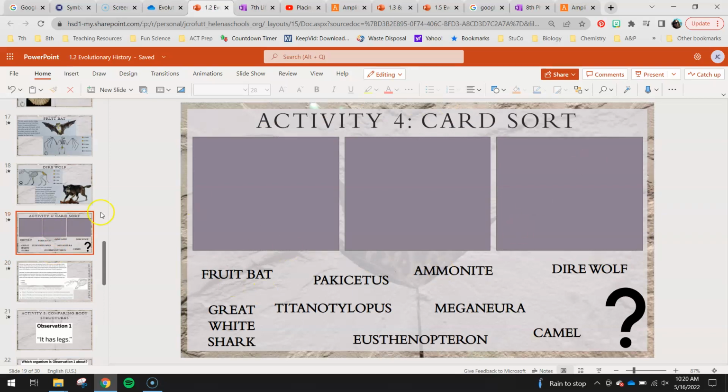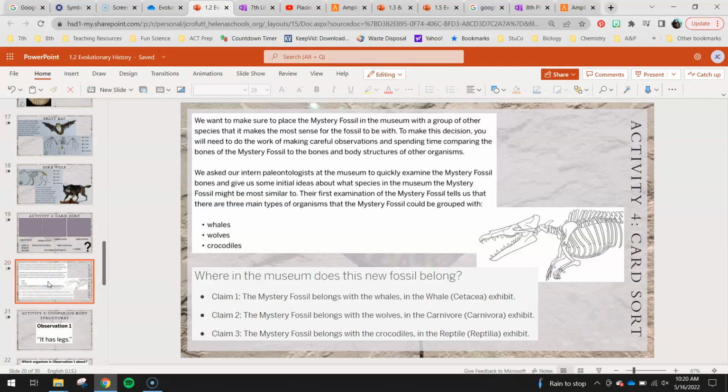All right, after you guys have completed slide 19 in your card sort, you are going to take a look at this little message from the museum where we're trying to sort our mystery fossil. We want to make sure to place the mystery fossil in the museum with a group of other species that makes the most sense for the fossil to be with. To make this decision, you will need to do the work of making careful observations and spending time comparing the bones of the mystery fossil to the bones and body structures of other organisms.